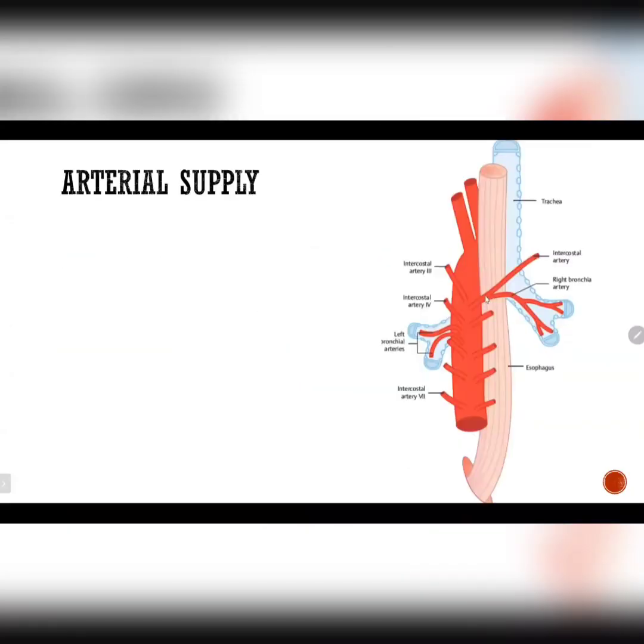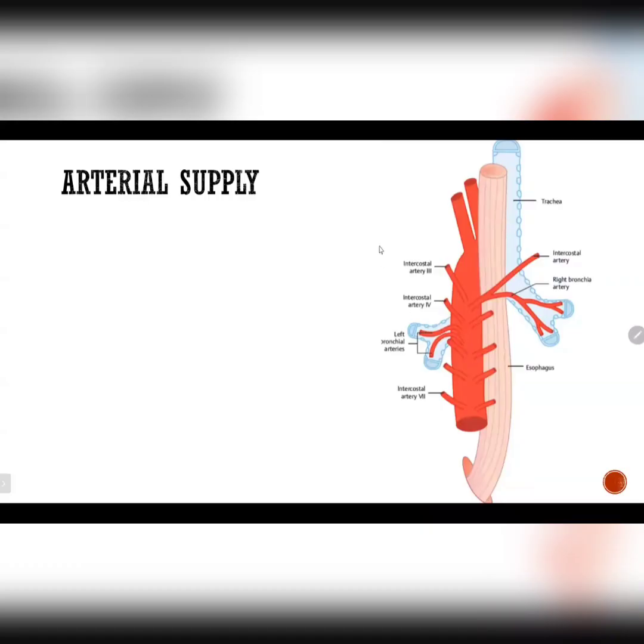The right bronchial artery is a branch of which artery, according to this diagram? Yes, the intercostal artery. Good. What about the left bronchial arteries?